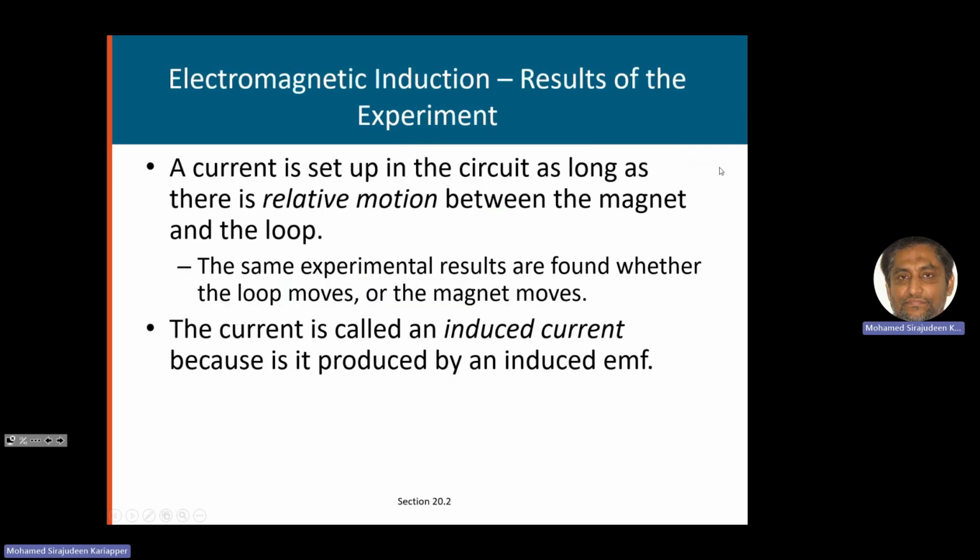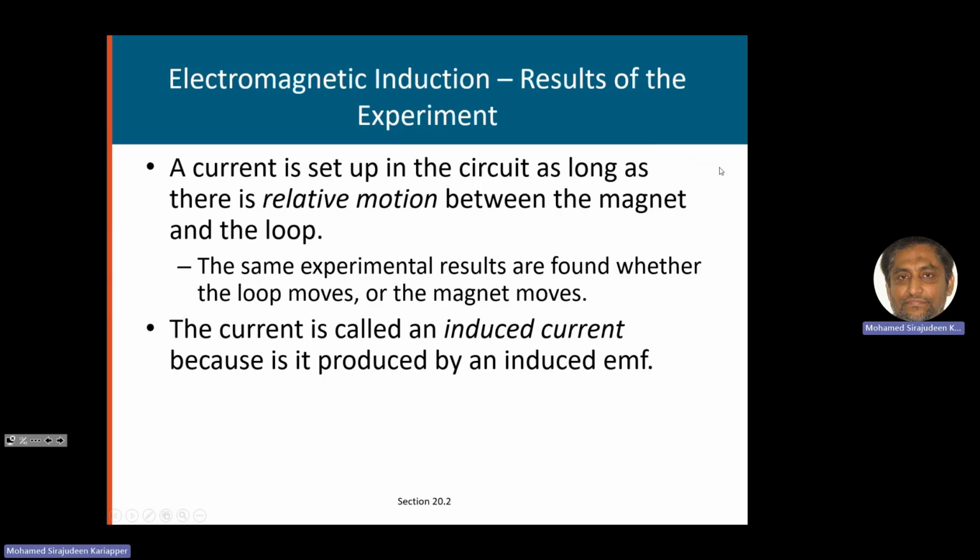So what is Faraday's law? Okay, we are not there yet. Let me repeat this again. A current is there as long as there is a relative motion between the magnet and the loop. When it comes closer, you are changing the magnetic flux, so there will be an induced EMF. It doesn't matter which is moving. You can keep the magnet in the same place but move the coil, and it will have the same effect.